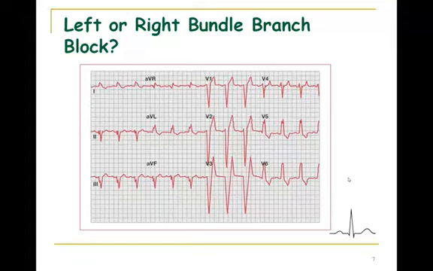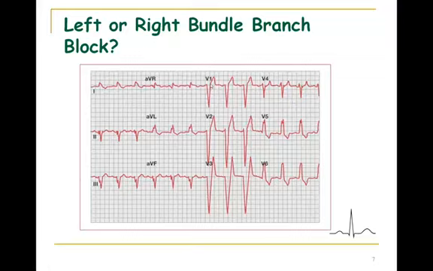Another quick way that sometimes they teach people to determine left or right bundle branch block is to look at V1. Go from the J point in V1, which would be right here, and move back from that J point into the QRS complex.